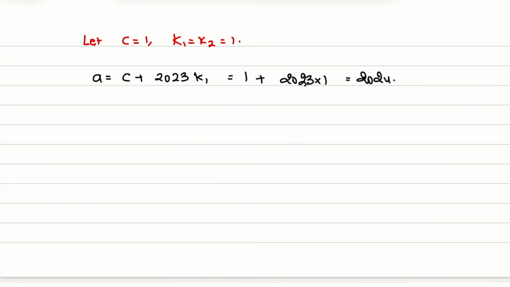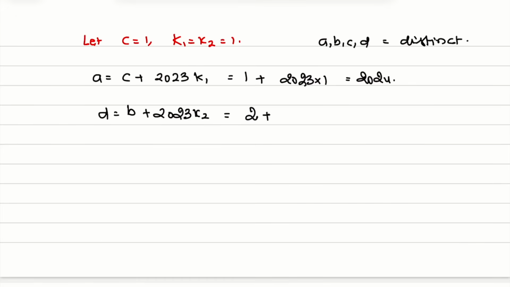A, B, C, D are to be distinct. Once we have taken C as 1, what will be the minimum value that is left over in case of B? The leftover value after 1, the minimum value for B will be 2.